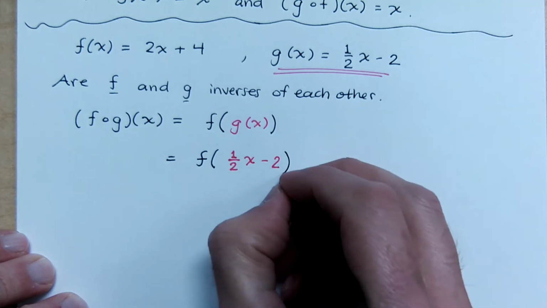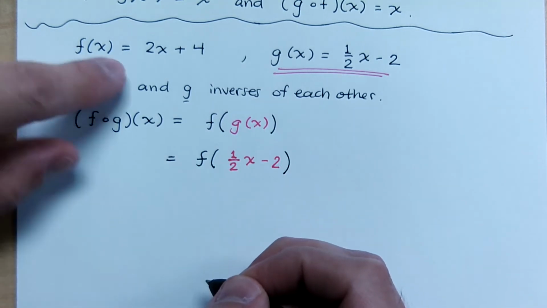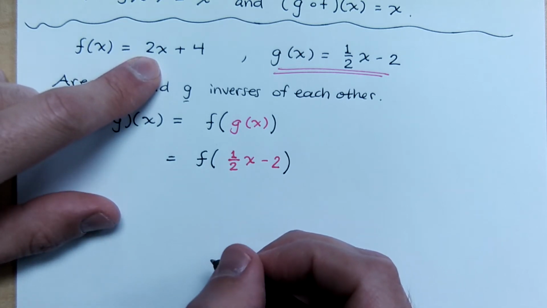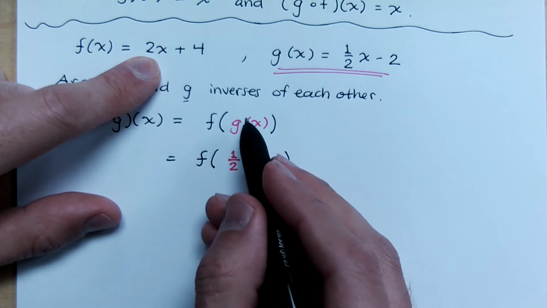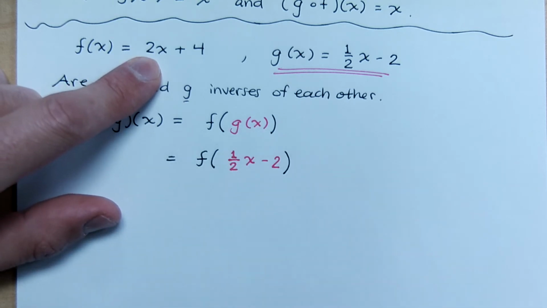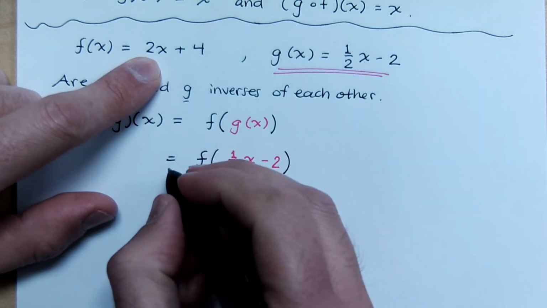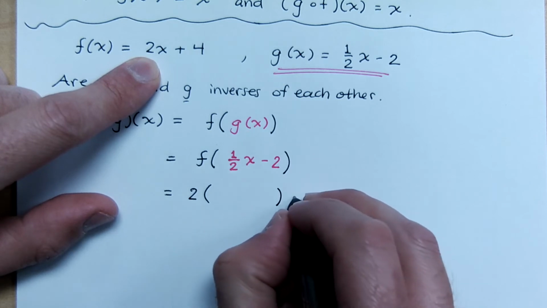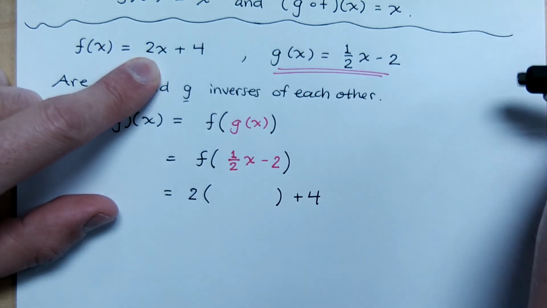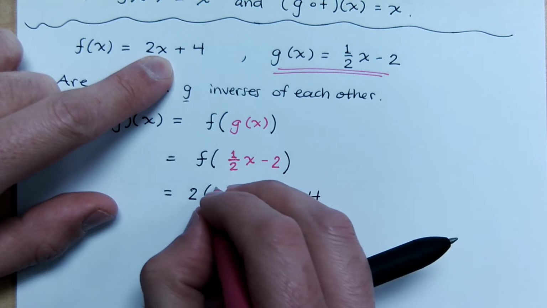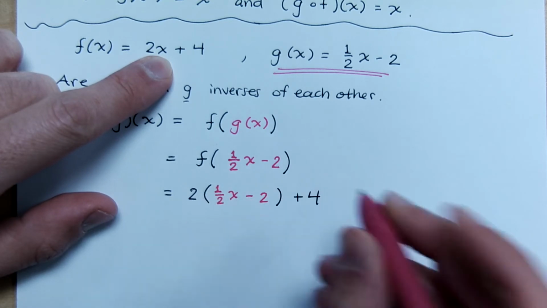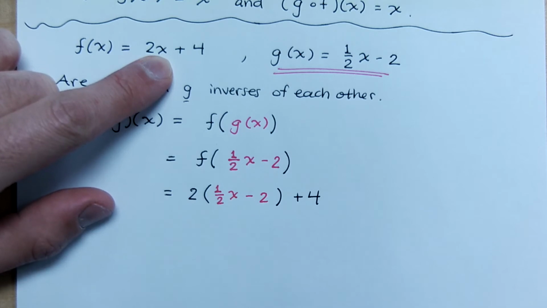So this is the substitution that I'm going to make. Now, normally we would already have a numeric value that we'd plug into g, and then plug that result into f, but here we're working with algebraic expressions, plugging one function into another one. So this is going to be 2 parentheses plus 4. And inside the parentheses where we had x is where we're going to be plugging in g of x, or that 1/2 x minus 2.